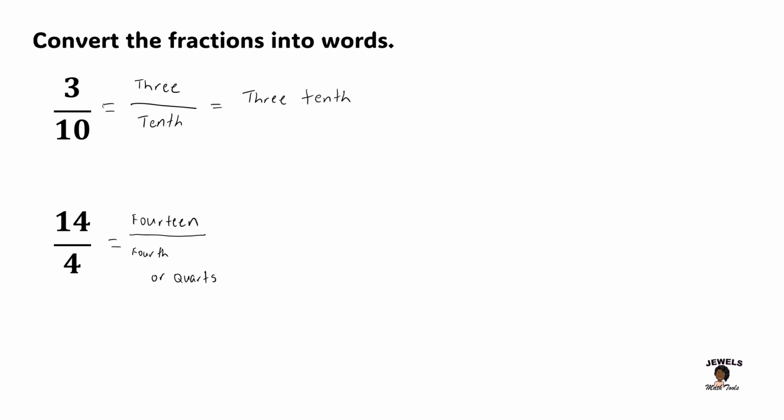You may hear quarts more than you would actually hear four. So you can use fourth or quarts when you are changing a denominator with four into its ordinal form, and either one would be correct.